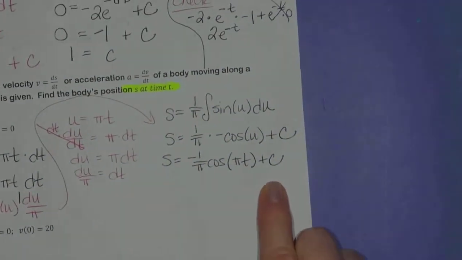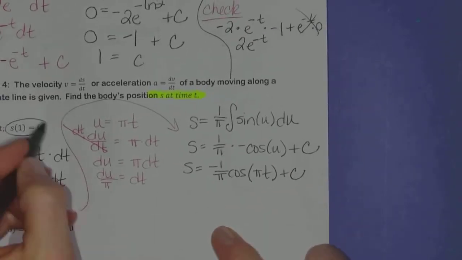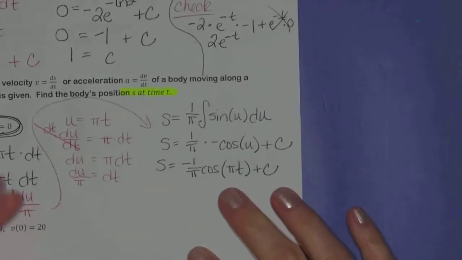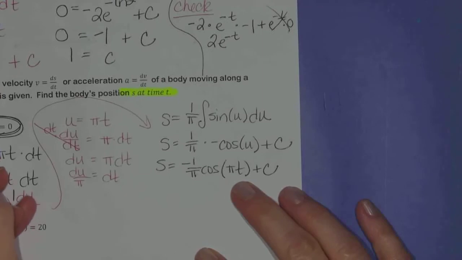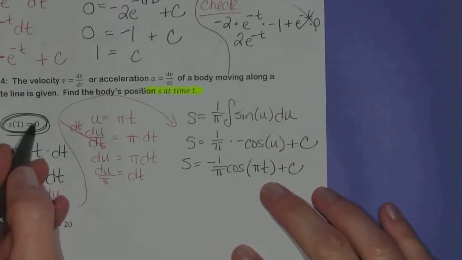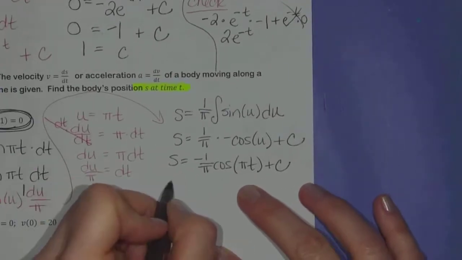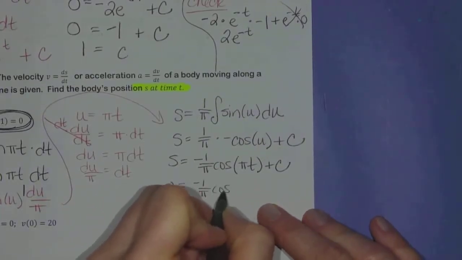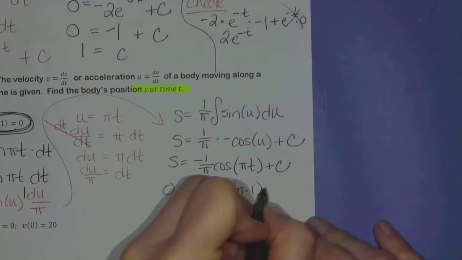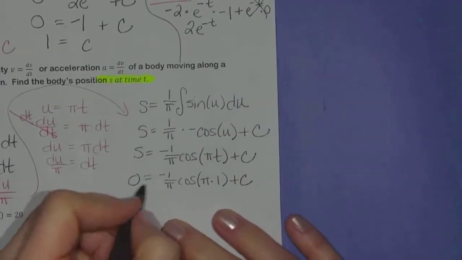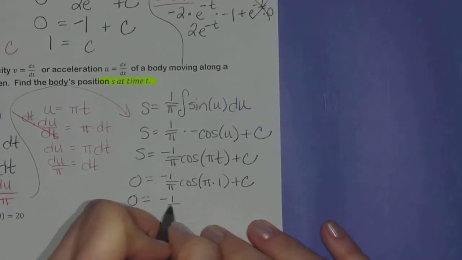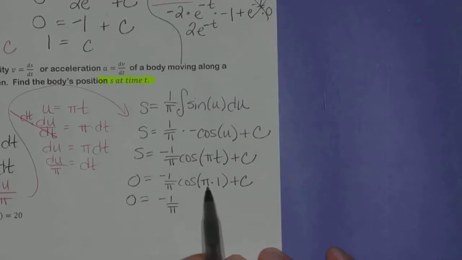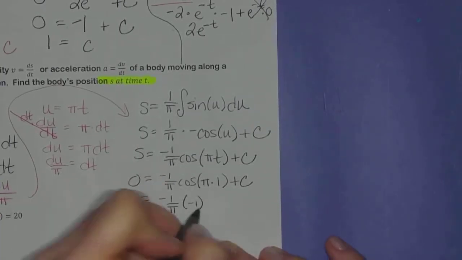And last but not least, I will find c by using my initial value. So when t is 1, s is 0. So 0 equals negative 1 over pi cosine of pi times 1 plus c. That will give me, well, the cosine at pi is negative 1.